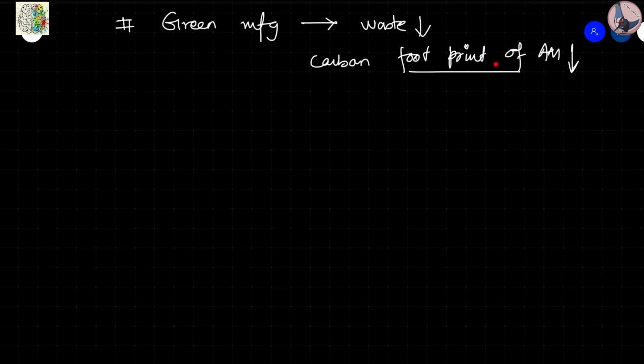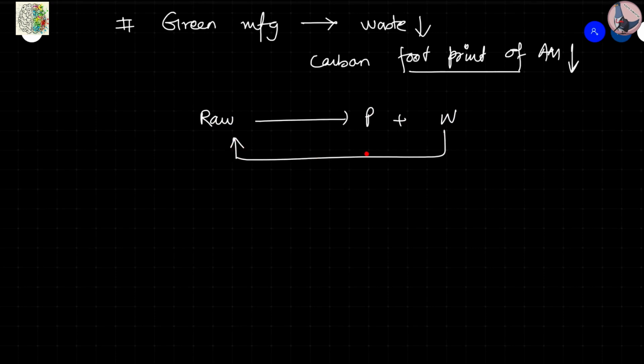This is not because of the manufacturing phase, but the phase where your raw material, product plus waste, are converted. In this conversion of waste to raw material, a lot of carbon dioxide is released, but in additive manufacturing, as waste is very less, this step becomes very less, CO2 production becomes very less, and it becomes very environmentally friendly also.